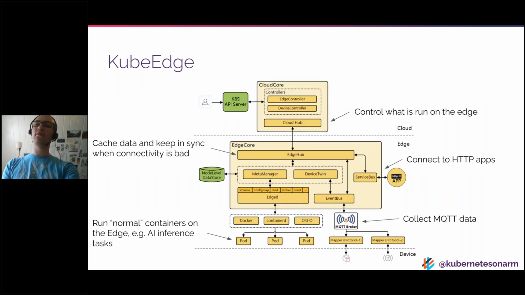So here is one of the architecture diagrams of KubeEdge, and it's quite a lot, but you can look at this later. But the key point is that you can run normal containers, so AI inference tasks or something like that, and you can collect MQTT data or HTTP data, and then it keeps these things in sync between the cloud and the edge.